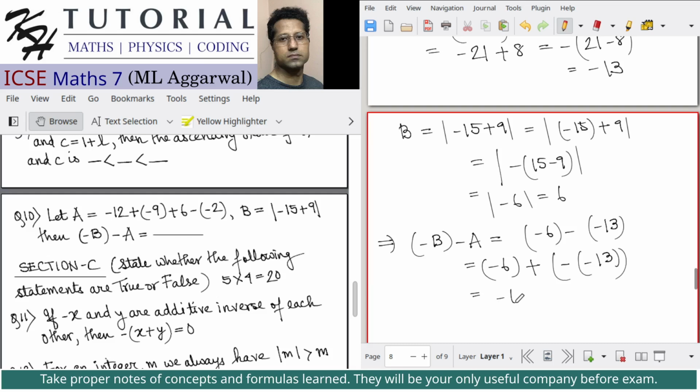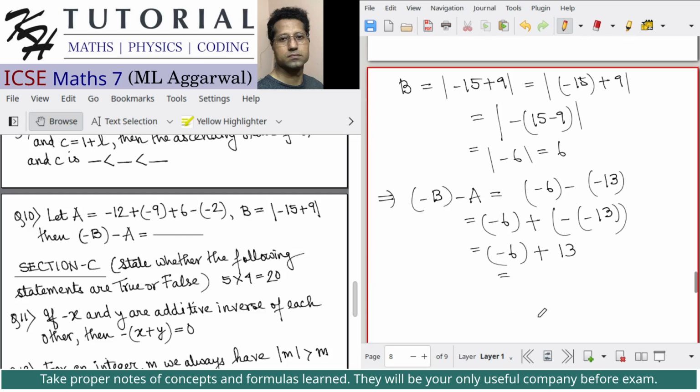This is minus 6 plus 13. Now we have to add minus 6 and 13, and the numerically greater integer is 13. So it will be 13 minus 6, which is equal to 7. So the value of the answer will be 7.